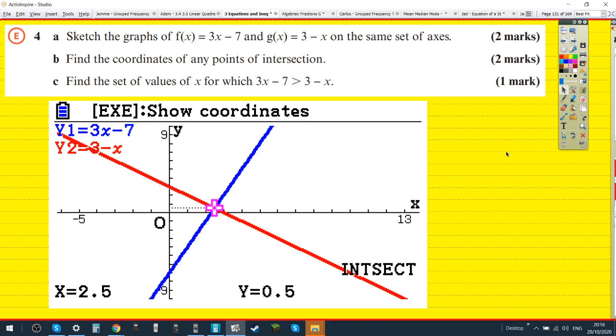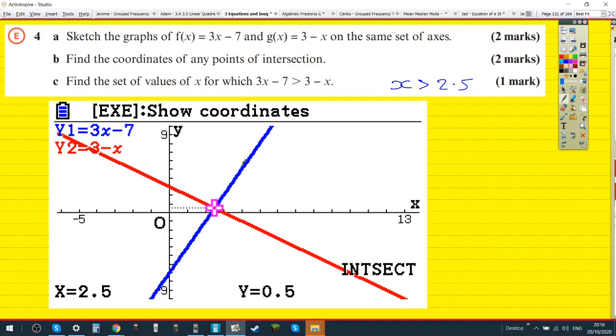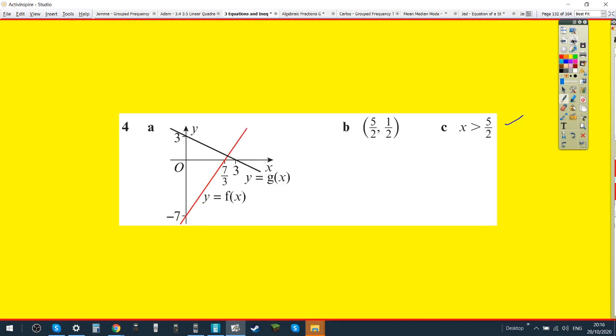So it would be x greater than... X is greater than 2.5. Perfect. So 5 over 2, 2.5, same thing. Yeah, because it is to the right. That's when the blue one is higher up. To the left would be the red one. Any questions about that? Nope.